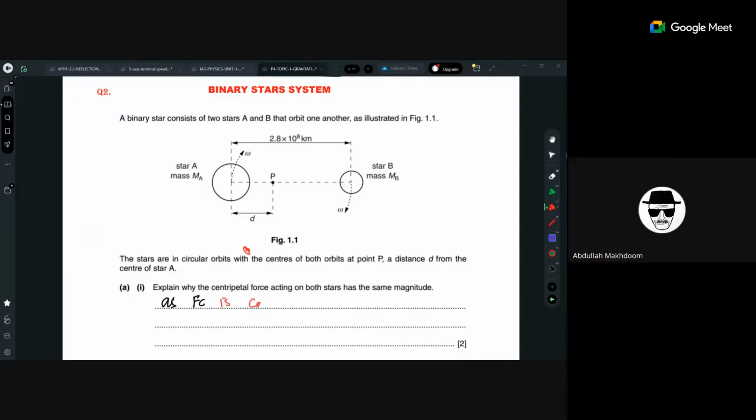So FG is the same for both. तो अगर आप ये लिखोगे तो आप उसके बाद ये लिख सकते हो कि hence they have same FC.